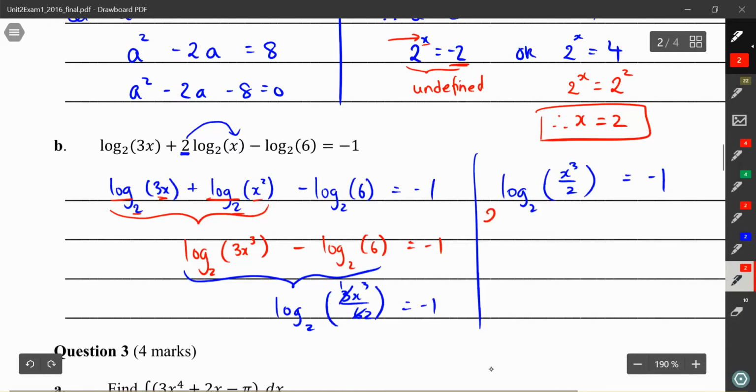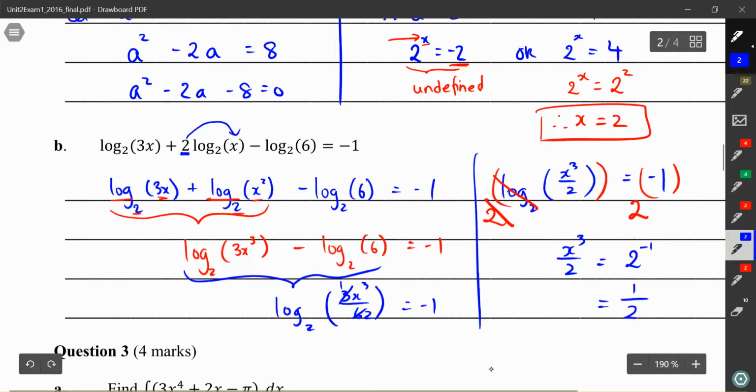So if I did 2 to the power of the left-hand side and 2 to the power of the right-hand side, because 2 is the base, I'm keeping the equation balanced. But the nice thing is base 2 exponential and log base 2 are inverses, so they cancel out. And I'll end up with x cubed on 2 is equal to 2 to the power of negative 1, which is the same thing as writing 1 on 2.